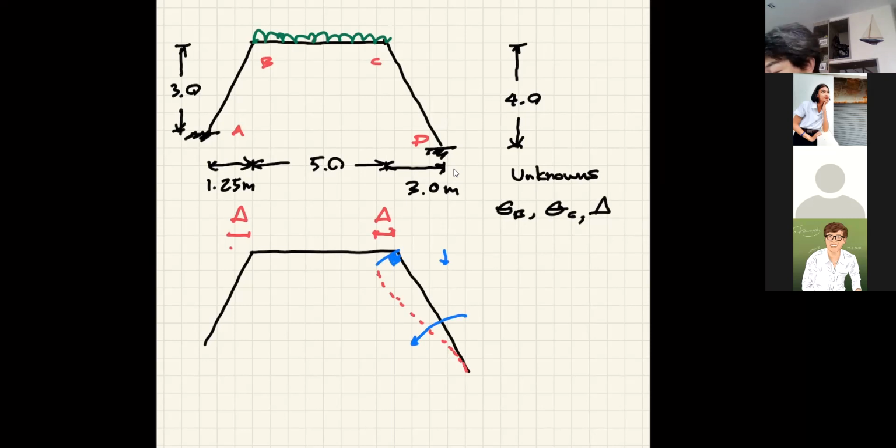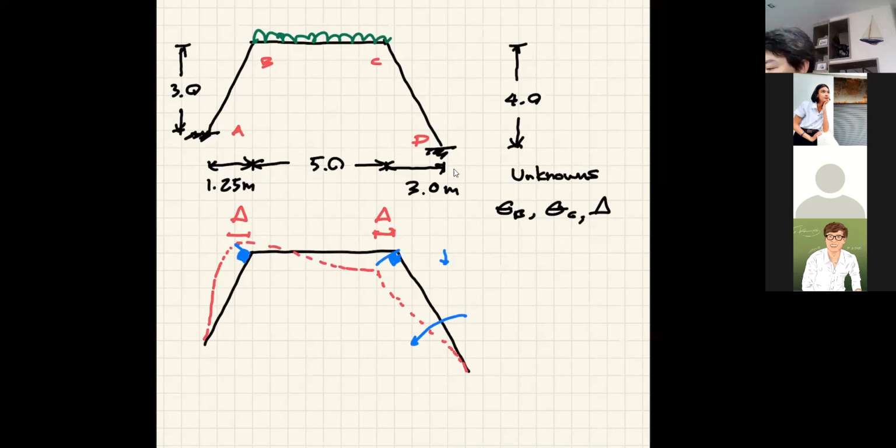And likewise, member AB, delta is the same, so it's just going to have to go up a little bit like that. And to maintain the rigidity, this has to be 90 degrees, so joint B has to move up a little bit as well. In the end, this is probably what your frame will look like.